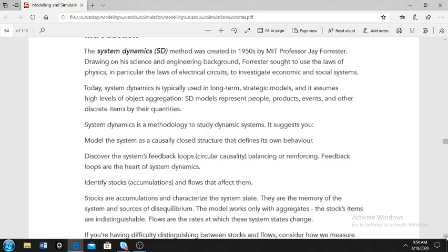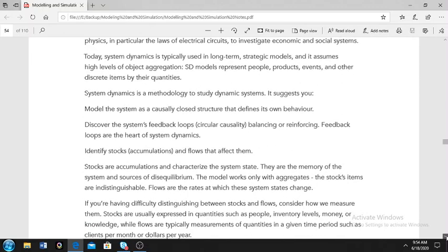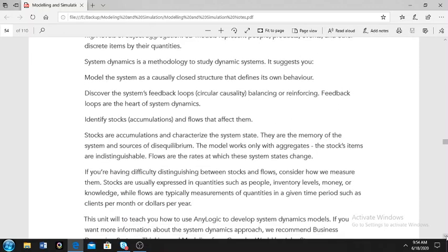Feedback loops are the heart of system dynamics. So identify stocks, what we call accumulations, and the flows that affect them.